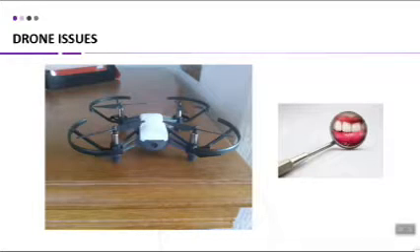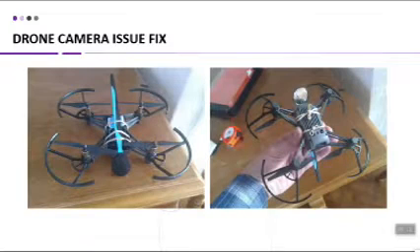And it kind of worked. Let me show you. Okay, so this is what I did. This is the dentist mirror, and I placed it. I removed the drone cover and placed it with elastic bands and some cardboard.